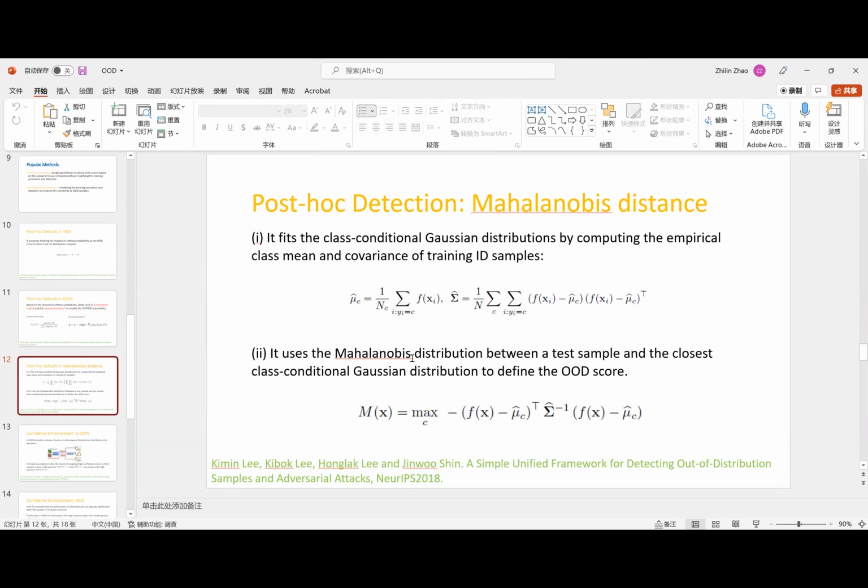And then for a test sample, this method calculates the Mahalanobis distance according to the mean and the covariance. You can see that this method is based on the distance, and the previous two methods are based on the confidence.